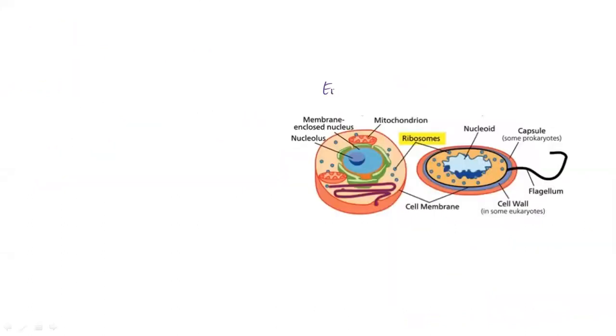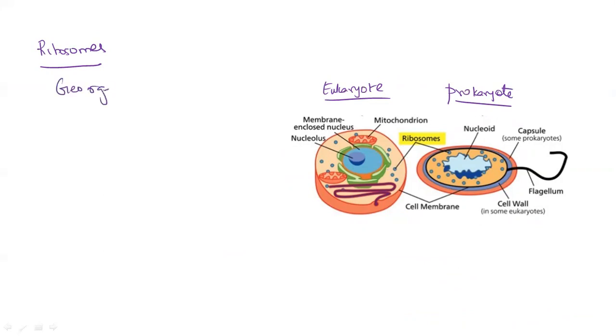Now this is a eukaryote and this is a prokaryote. We are going to talk about ribosomes. Ribosomes can be seen in eukaryotes as well as in prokaryotes. The first person to coin this term ribosomes is George Palade in 1953.